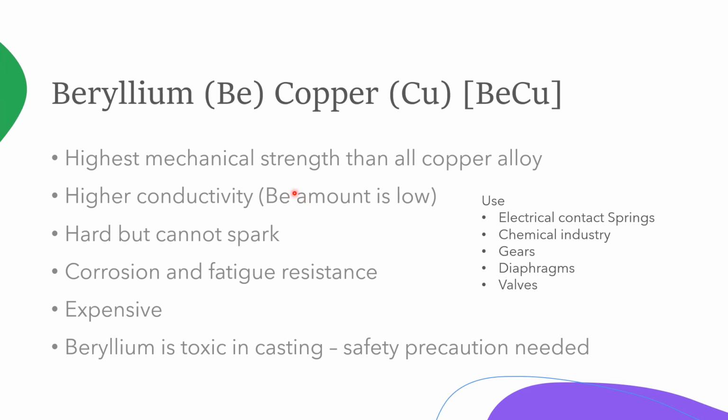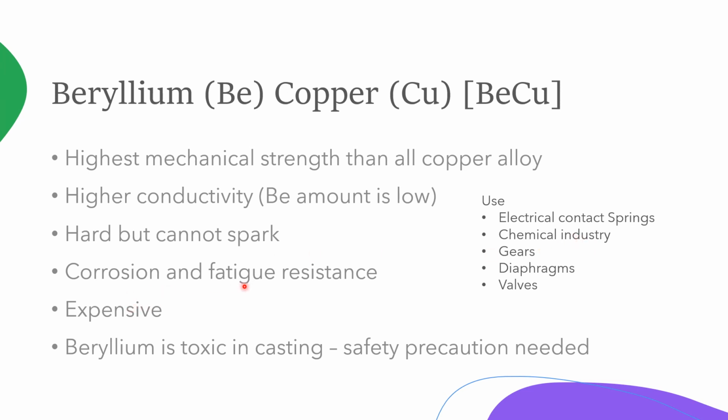So if you put a lot of beryllium, it isn't good for conductivity, okay? So quality, they're hard, but they can't spark, which is your fire. So therefore, you can use it in the chemical industry, okay? Where you don't want any kind of fire.